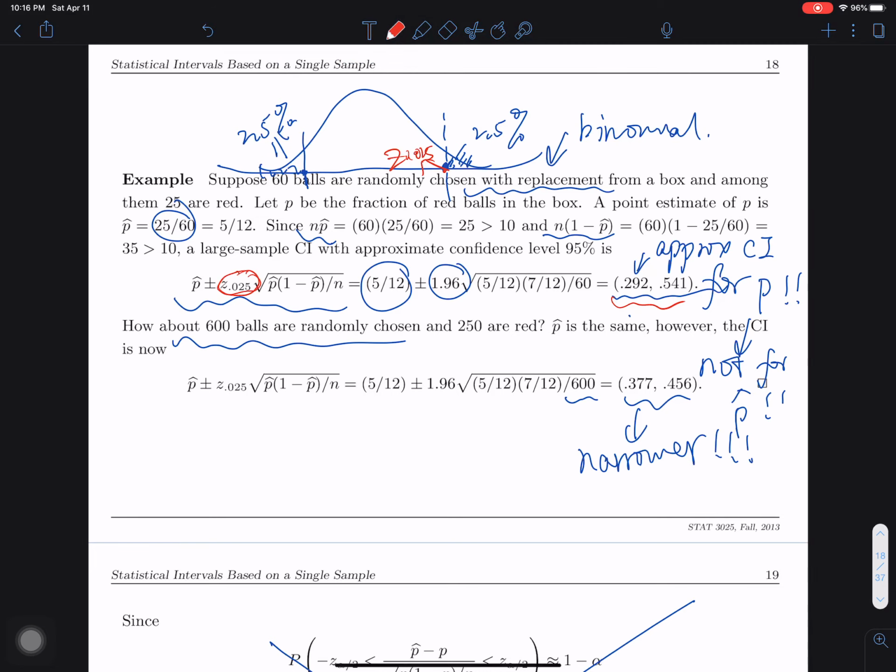So our p hat is still the same. However, the confidence interval changed because our n here changed to 600. That will result in a narrower confidence interval, because you can see the lower bound becomes larger and the upper bound becomes smaller.